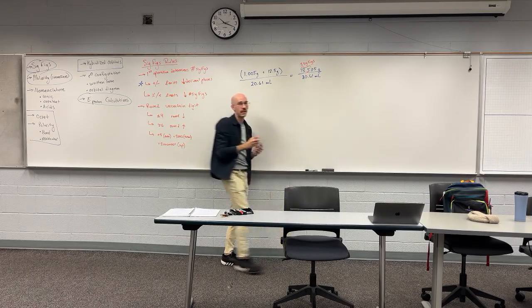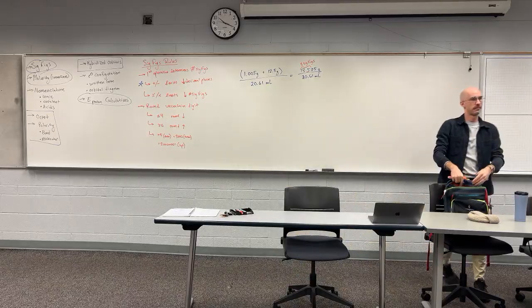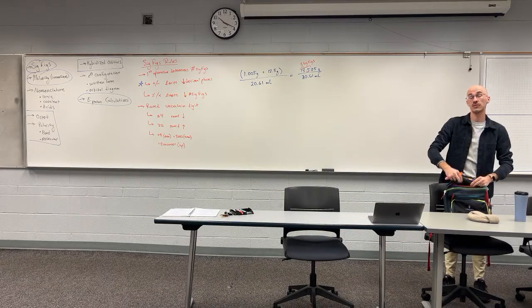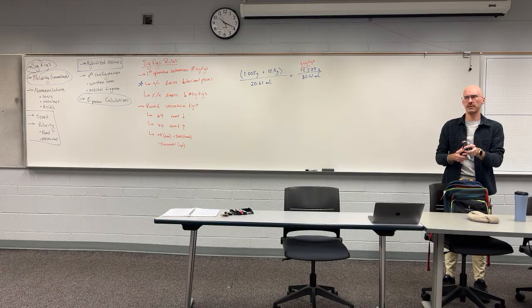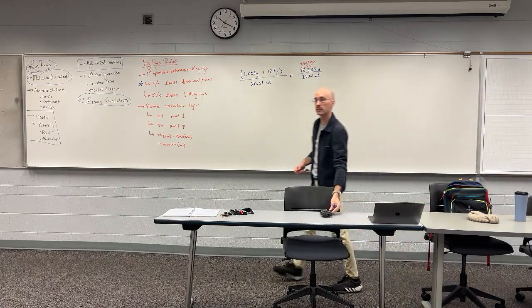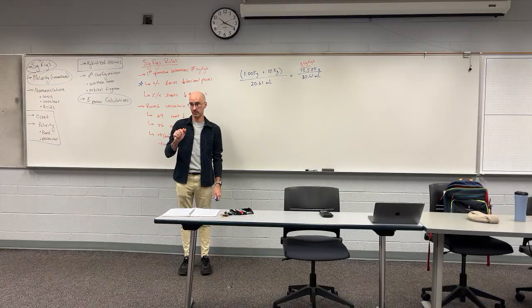So why haven't I written it with just 3 sig figs? Sorry? I'm going to round at the end. If I were going to round it exactly where it is, what would I round that number to? 13.6? 13.51?